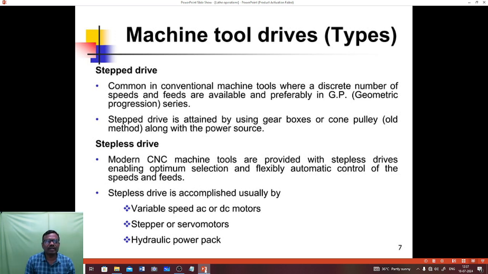Stepless drive: modern CNC machine tools are provided with stepless drives, enabling optimum selection and flexible automatic control of the speeds and feeds. Stepless drive is accomplished usually by variable speed AC or DC motors, stepper or servo motors, and hydraulic power jack.